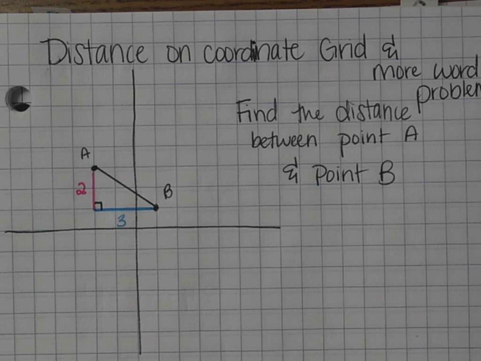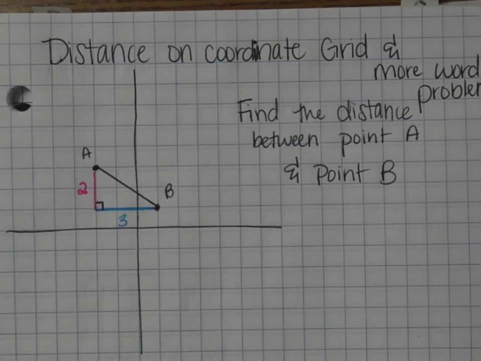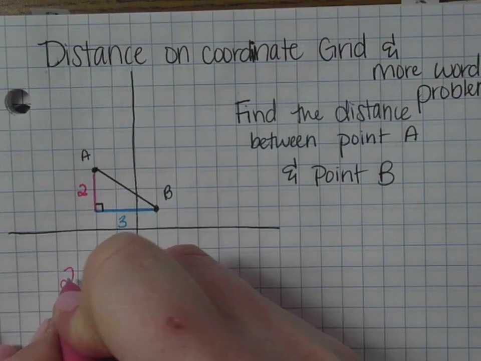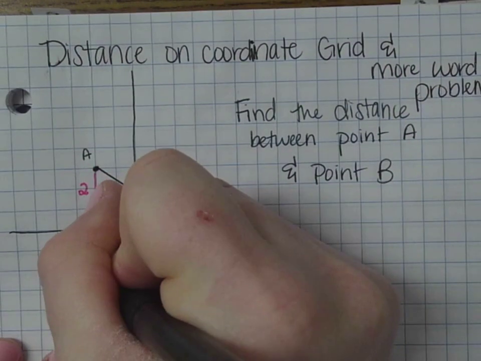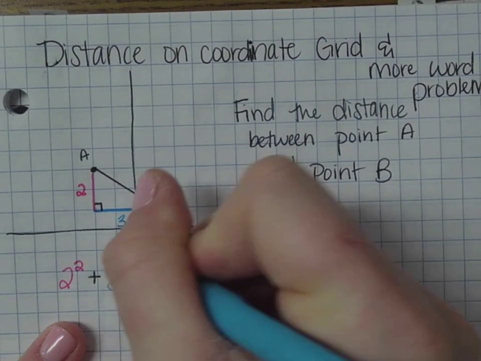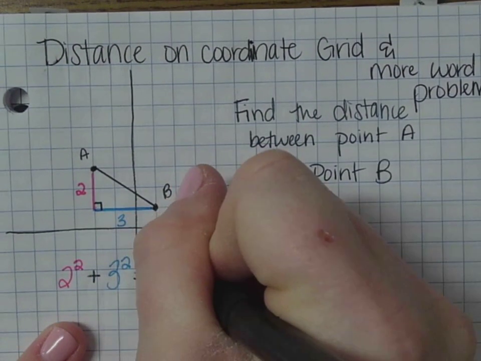I want you to think about what Pythagorean theorem is and how I would use that 2 and that 3 to find that distance right there. So we would take 2 squared plus 3 squared would give us c squared.